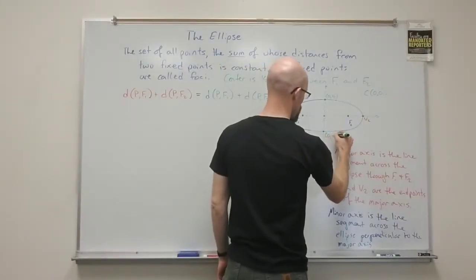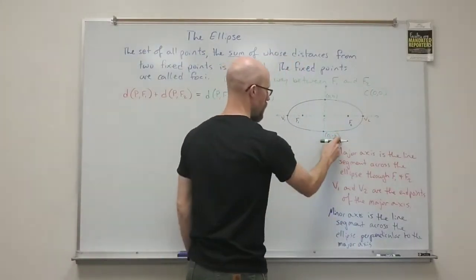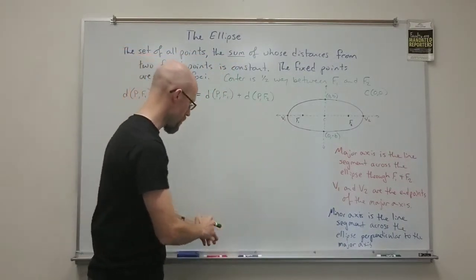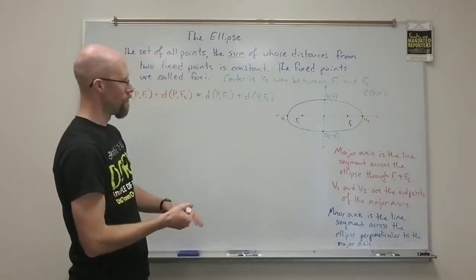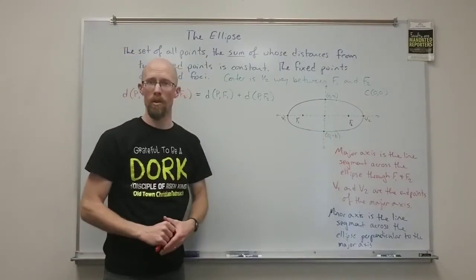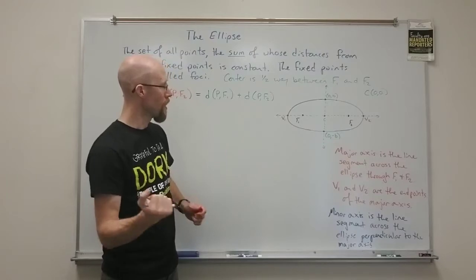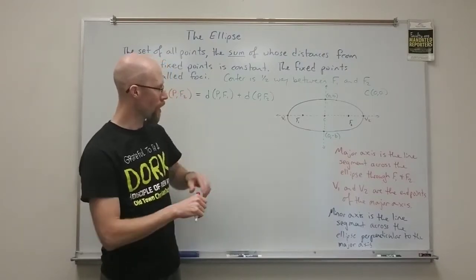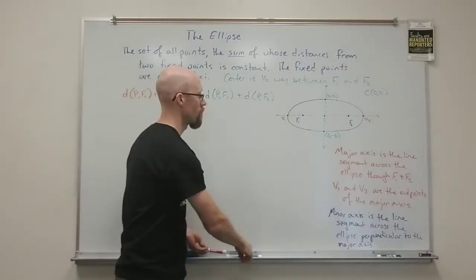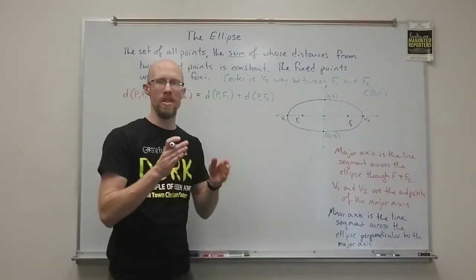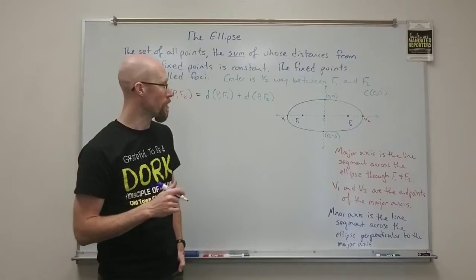So 0 comma negative b. The vertices, I'm going to save the coordinates of the vertices until later on. We'll come back to that. The foci, we're going to say they're c units from the center.